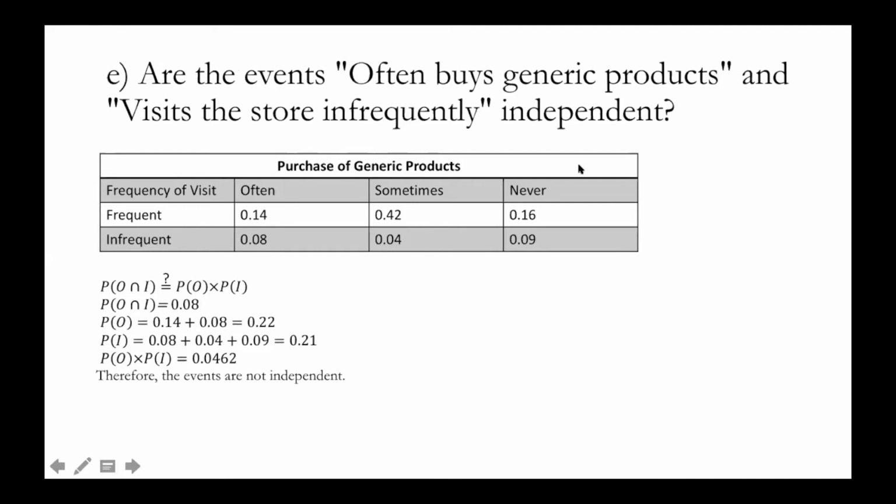And the next question: are the events often buying generic products and visits the store infrequently independent? So can someone explain to me how they would solve this exercise? You know that in order for two events to be independent, their intersection must equal the product of the probabilities of the two separate events.